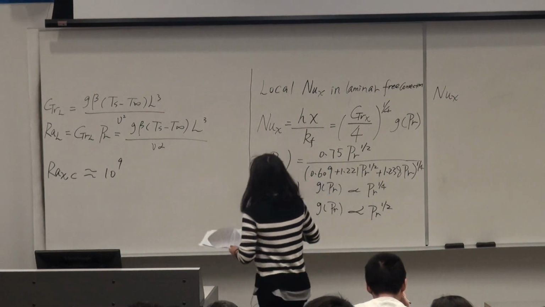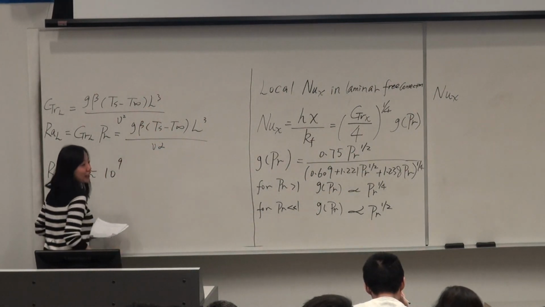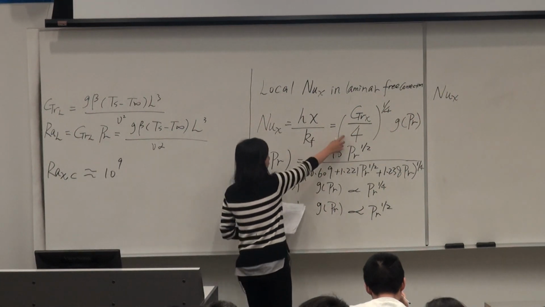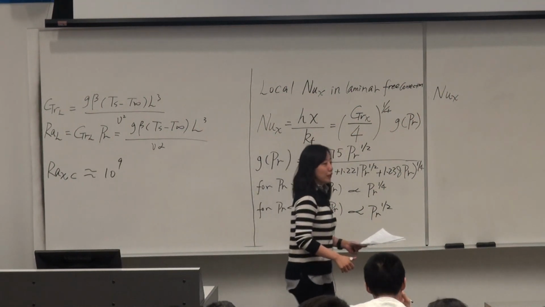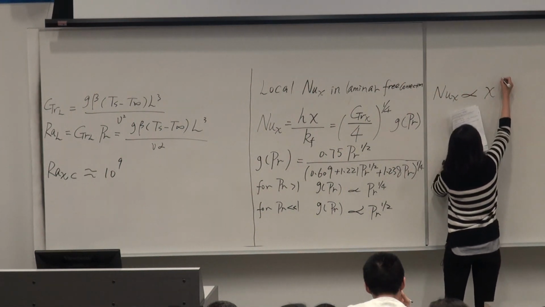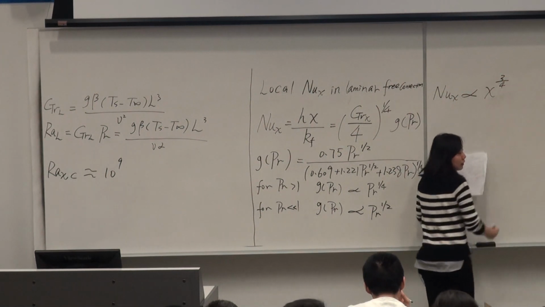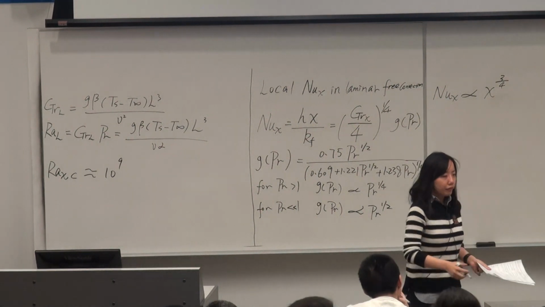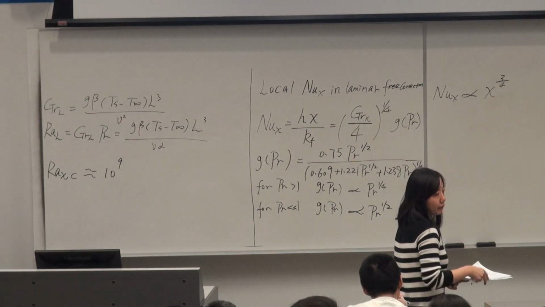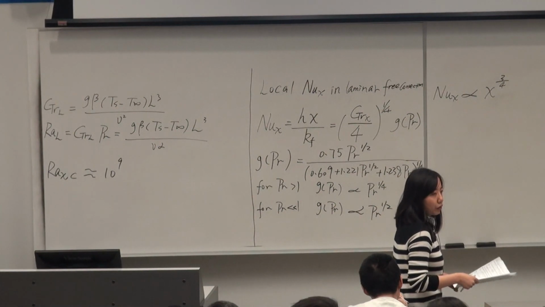But the Grashof number has x cubed, and it is proportional to the Grashof number to a quarter. So your local Nusselt number is proportional to x to the 3/4, simply by expanding the definition of the Grashof number.